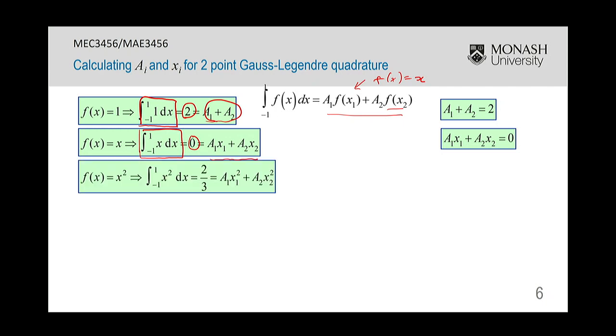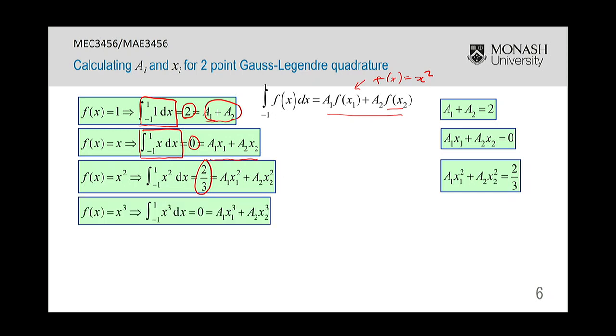Plug in x squared. The integral from minus 1 to 1 of x squared is 2/3. We plug the function x squared into the right-hand side, and we end up with a1 x1 squared plus a2 x2 squared, and our equation is a1 x1 squared plus a2 x2 squared is equal to 2/3. And finally, if we do the same thing for f of x equal to x cubed, we end up with our 4th equation.